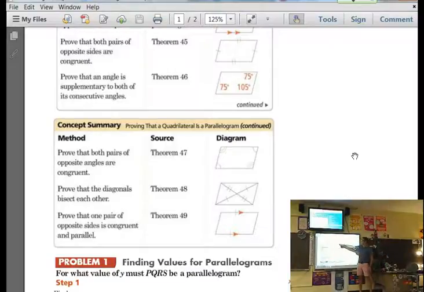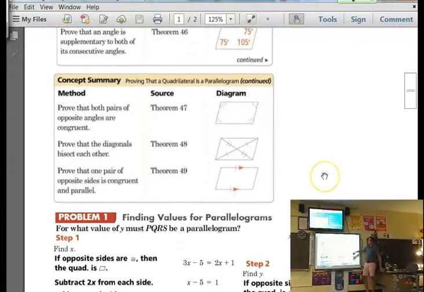If I prove that these are supplementary and these are supplementary, then these have to be congruent. It just makes sense. Theorem 48 then talks about our diagonals being bisectors, and theorem 49 is talking about how if one pair of opposite sides is congruent and parallel, then the other pair of opposite sides has to be congruent and parallel also. Mouthful. Any questions on any of those properties, which we pretty much just covered on our start slide?